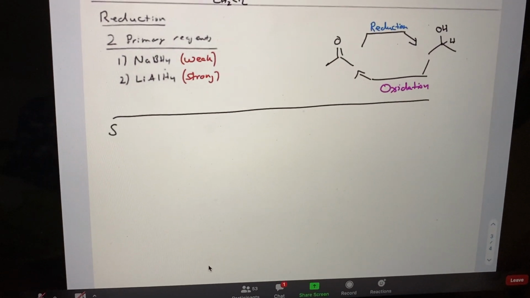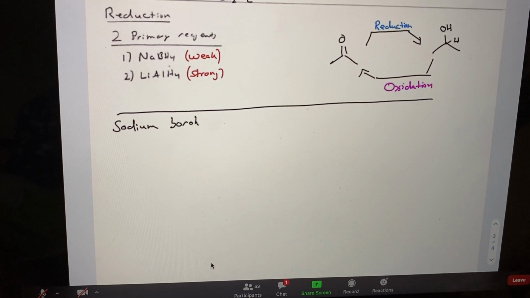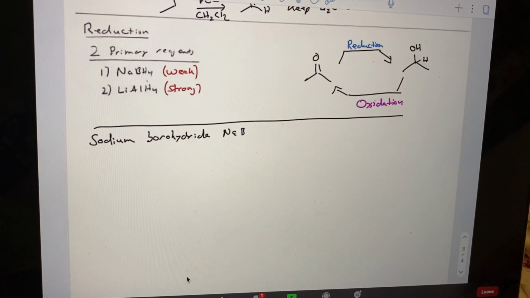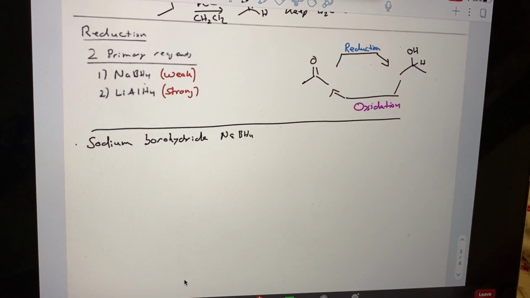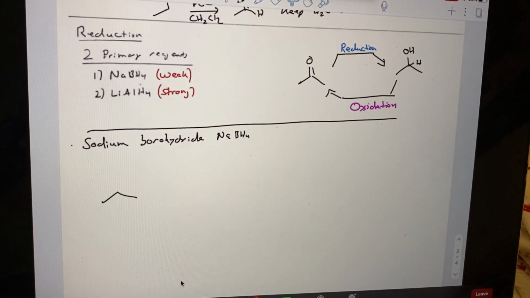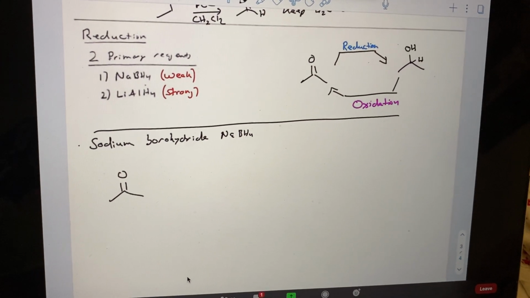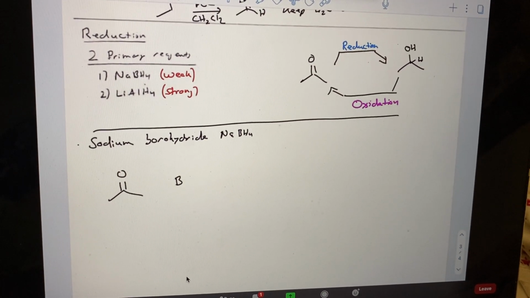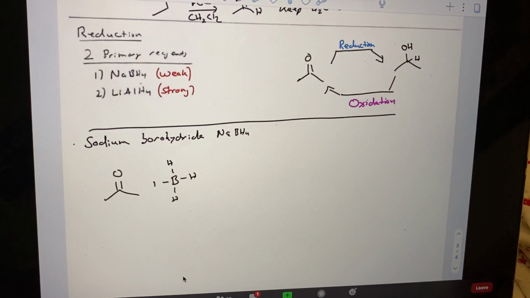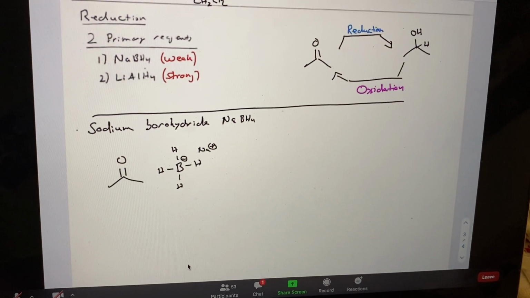So let's use sodium borohydride, which is NaBH4. And what we'll notice here is the mechanism is slightly more complicated than what we've seen, but it's the same general idea. Borohydride, we'll just use acetone, is NaBH4. So it's boron minus, sodium plus, it's the counter ion.